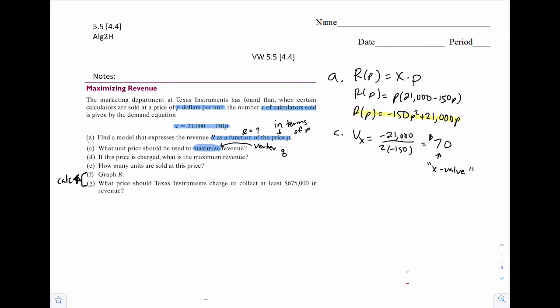And the question is saying, what unit price should be used to maximize the revenue? Which means you found the answer. So I'm going to write therefore, $70 will maximize revenue.